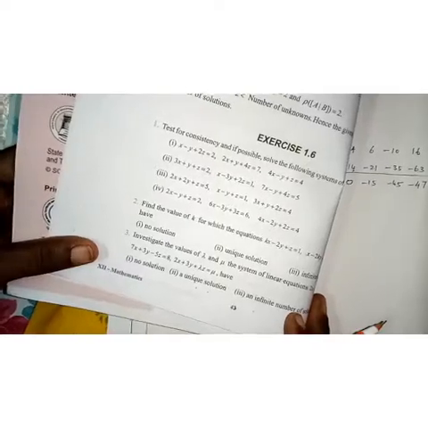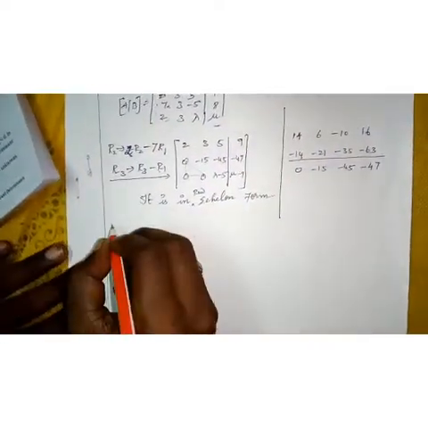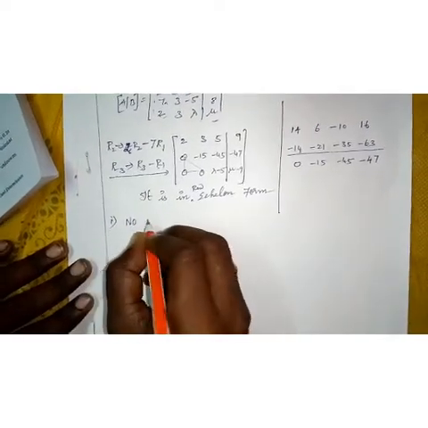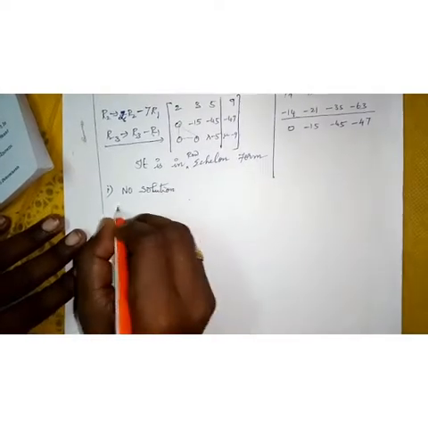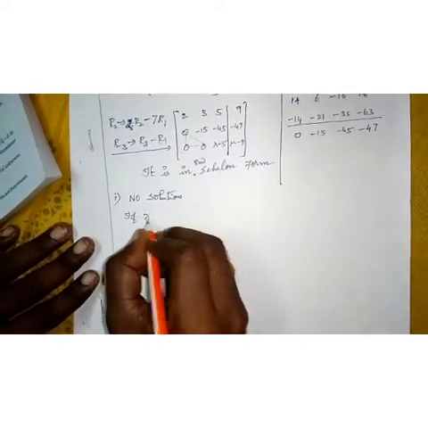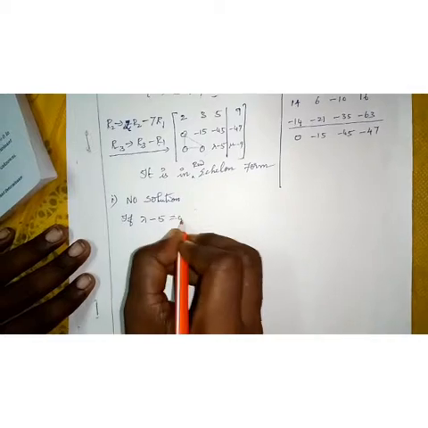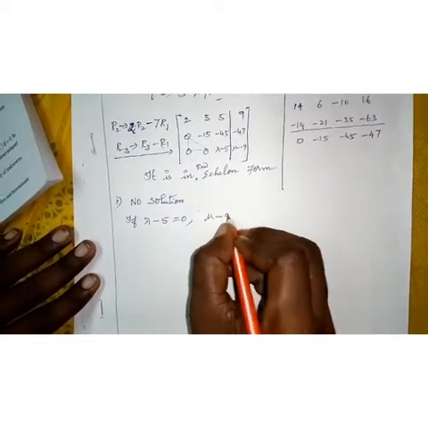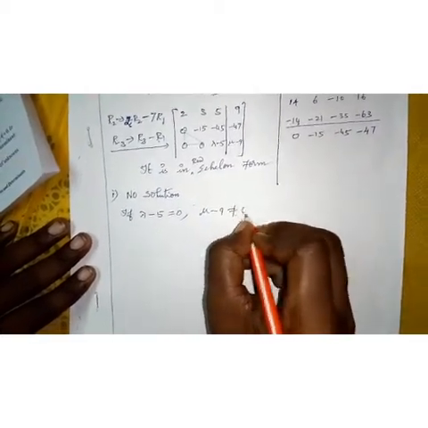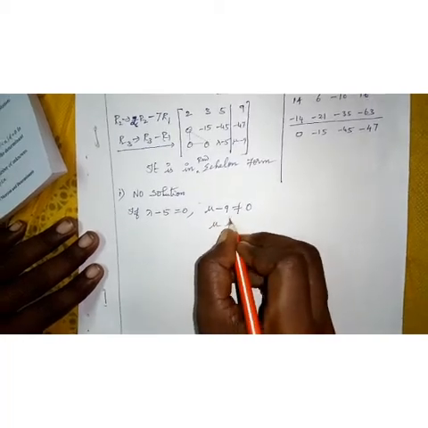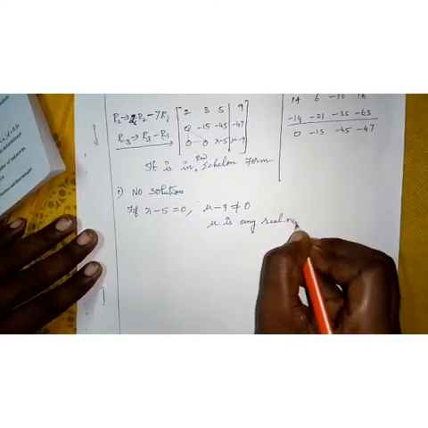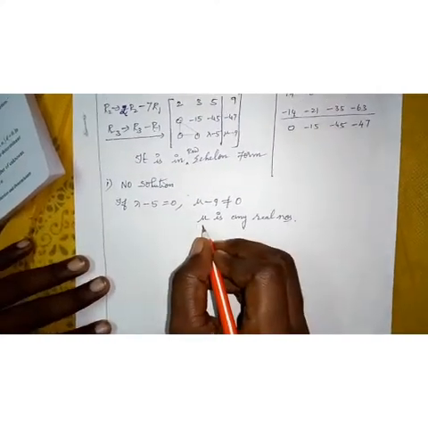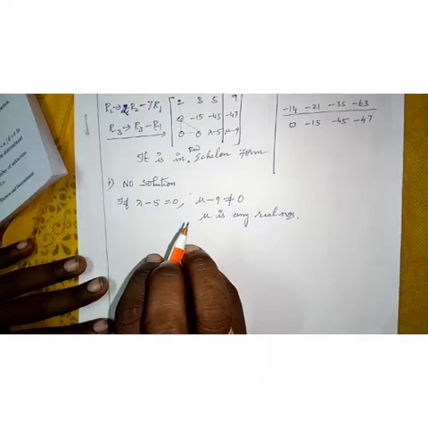No solution means: lambda minus 5 equal to 0 and mu minus 9 not equal to 0. So mu is any real number, and you can substitute any number for mu.